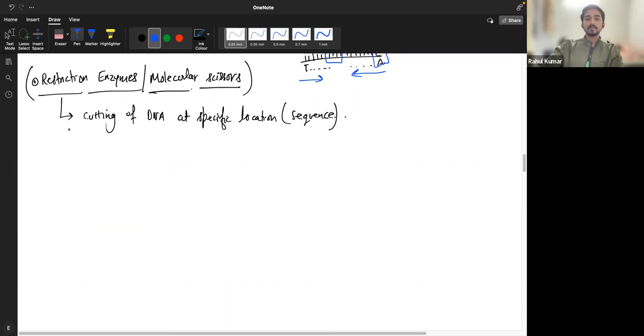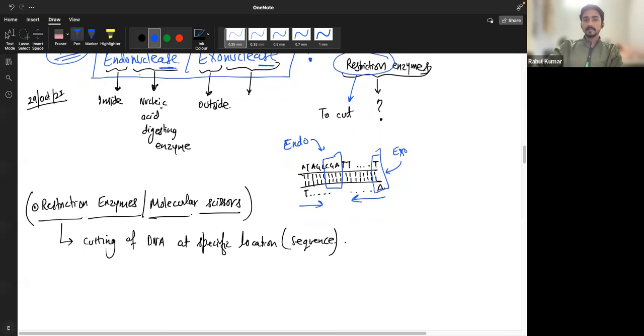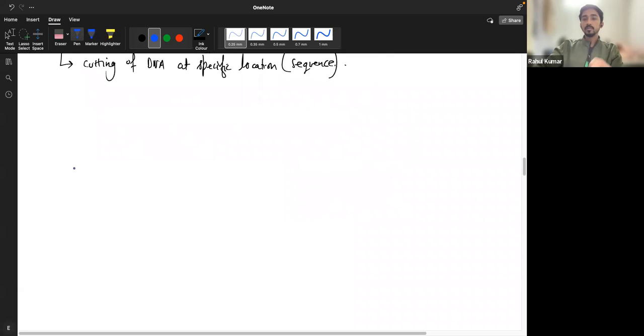So after cutting that part using endonuclease, you need to put it in a vector that can take it to the next bacteria, or any bacteria that does not have it naturally, but you can give it.